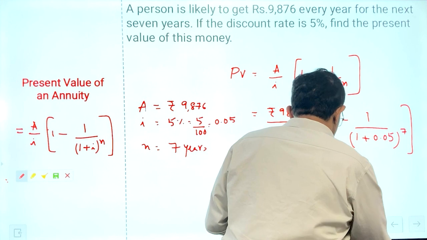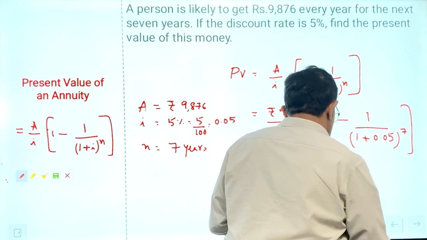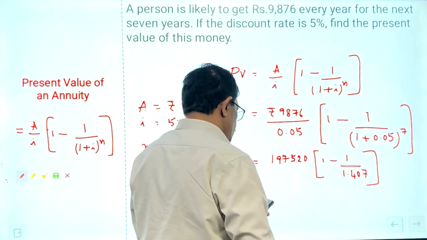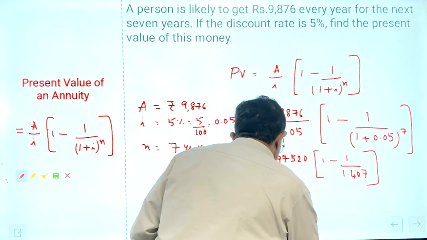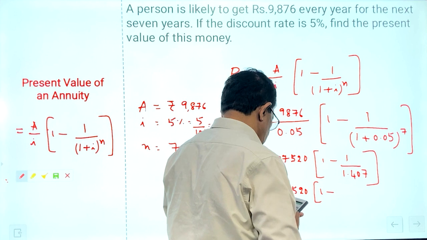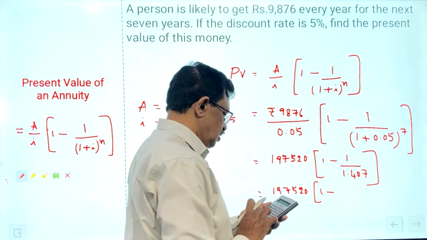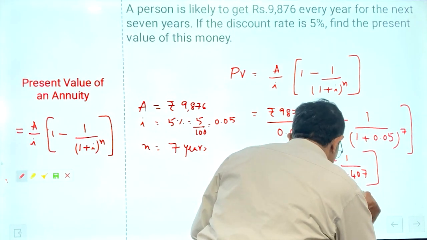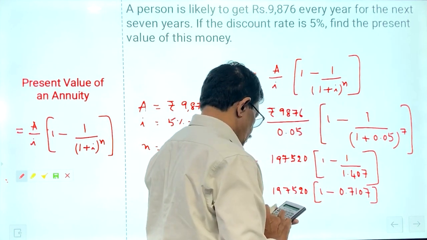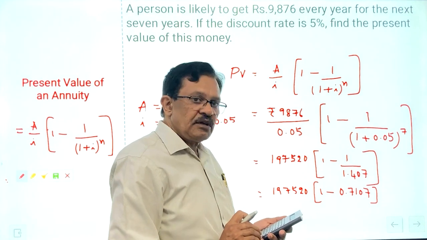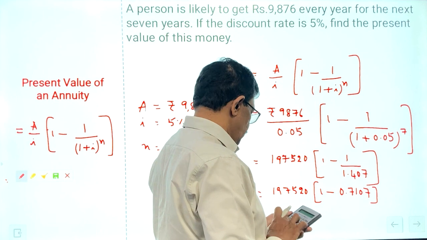So this is going to give you 1.407. Then this is going to be 1 divided by 1.407, which is 0.7107. So this is 197520 into 1 minus 0.7107, which is 0.2893, multiplied by 197520.